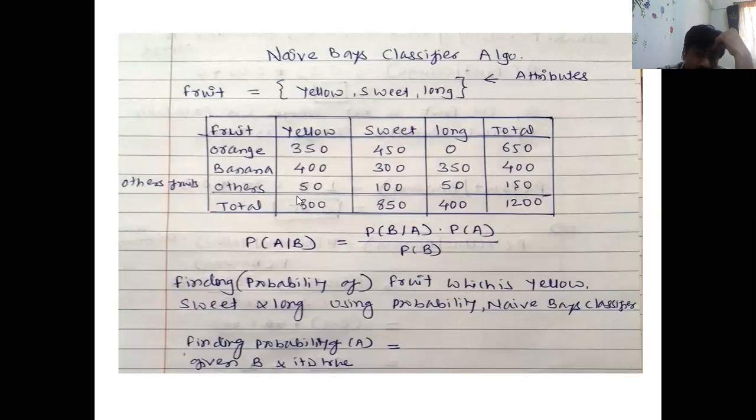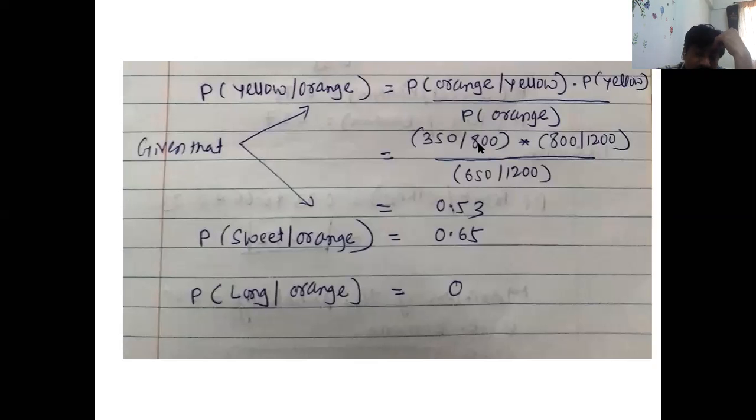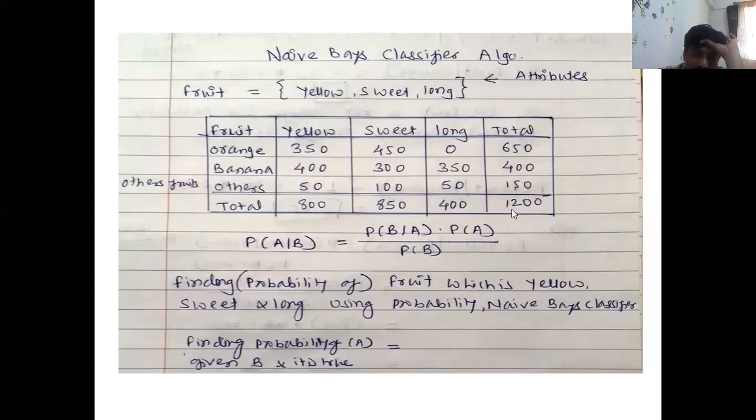So probability of orange by yellow is what? 350 divided by 800. That is the total yellow fruits, and these 350 are the yellow oranges within that, into probability of yellow. Probability of yellow is what? That is 800 fruits are yellow out of total 1200. You will see that total fruits are 1200, within that 800 fruits are yellow.